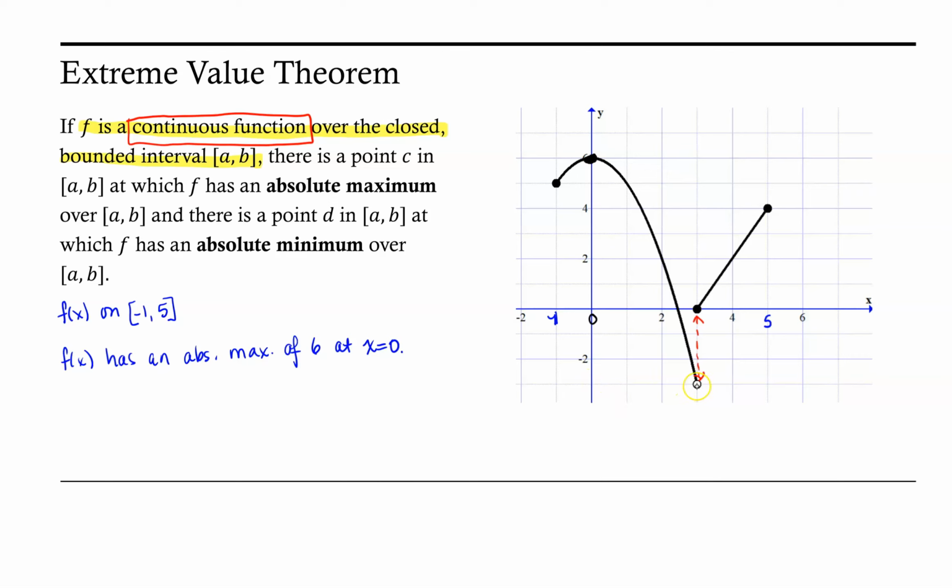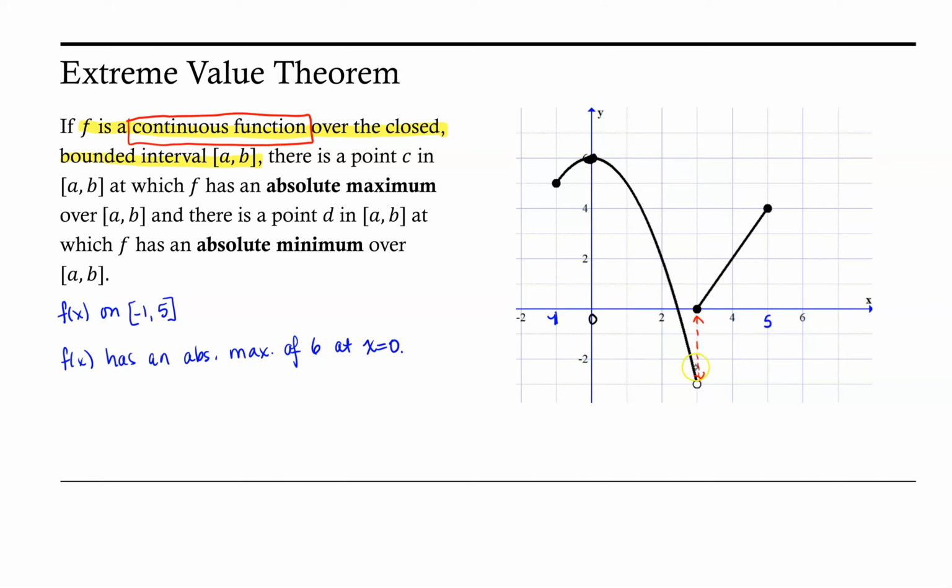But we have to notice that there is an open circle there, which means that when x is equal to 3, the output value is not -3. What this is telling us is that as we get closer to 3 from the left, our output values are getting closer and closer to -3, but never actually reaching -3.